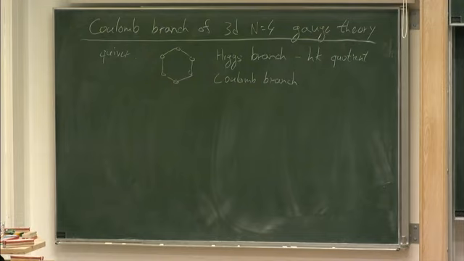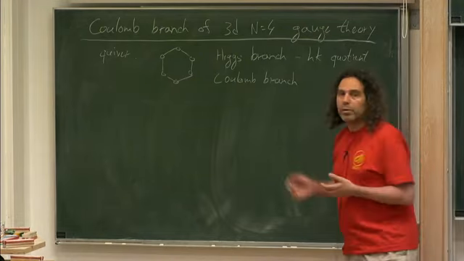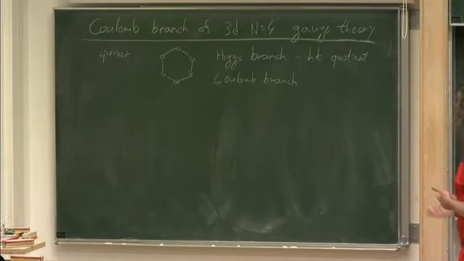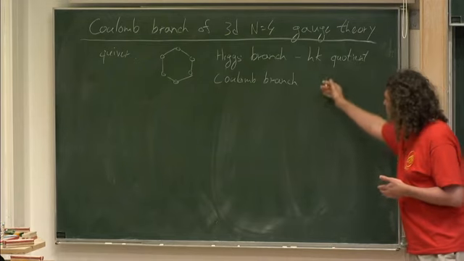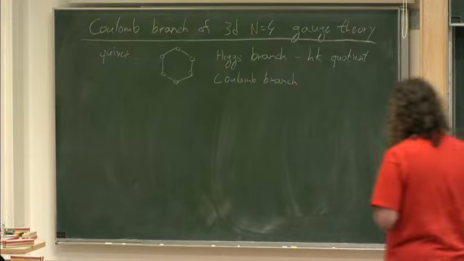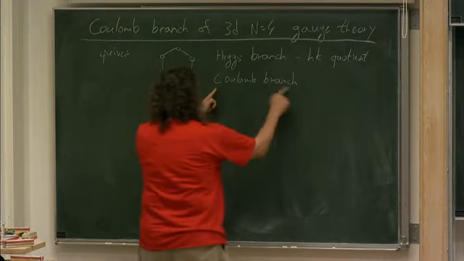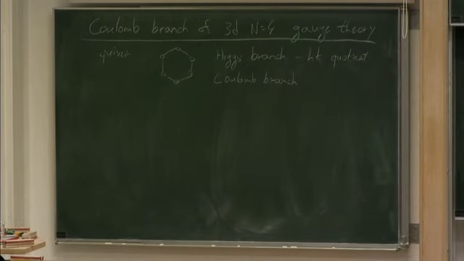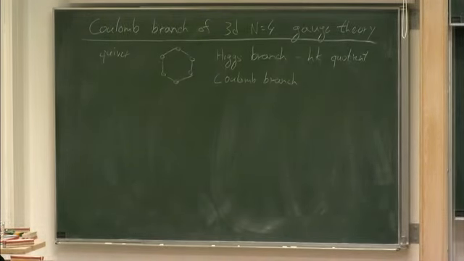So I'd like to reach a situation where our understanding of Higgs branches, of hyperkähler quotients, or maybe I should say it the opposite way, our understanding of Coulomb branches will be as good as we understand hyperkähler quotients. So today I'm going to introduce some progress that we managed to get with understanding of Coulomb branches.